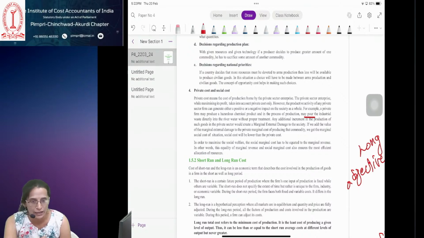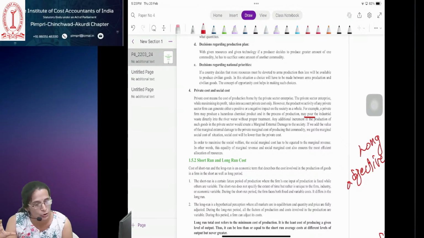If I directly bring that chemical out of my manufacturing factory and that chemical directly goes into the river nearby the factory, is it a right thing, guys? No, right? So ideally what should happen?